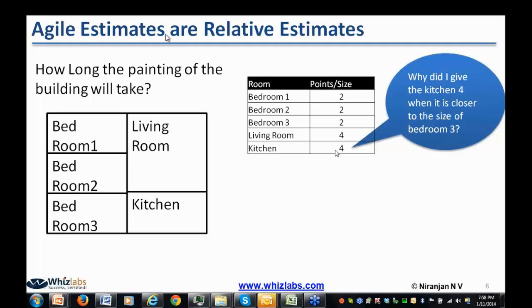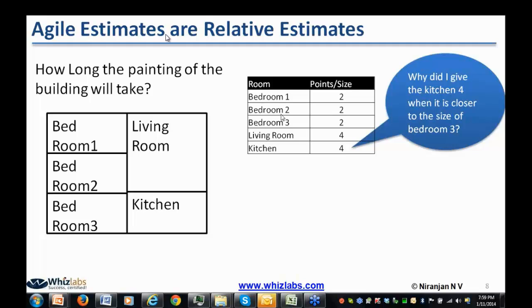Okay, so what we are trying to say here is, it's not only the dimension of the room that decides the size. It is also the complexity. The complexity of the work is also important. Let us come back to software.